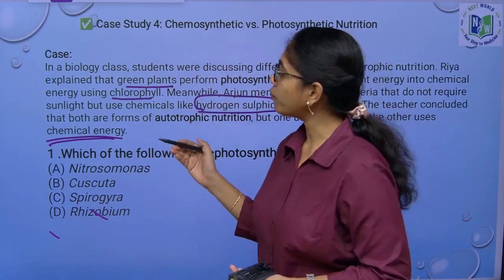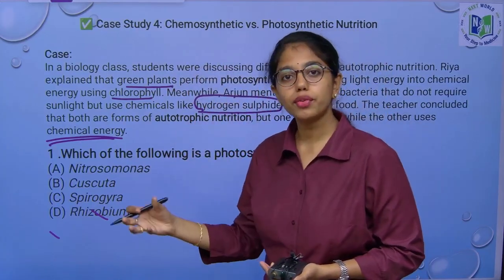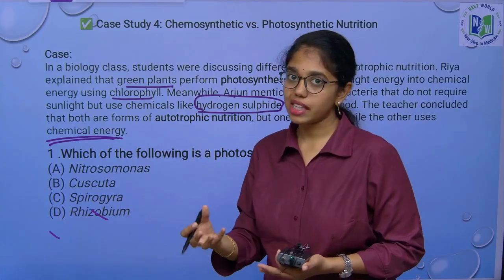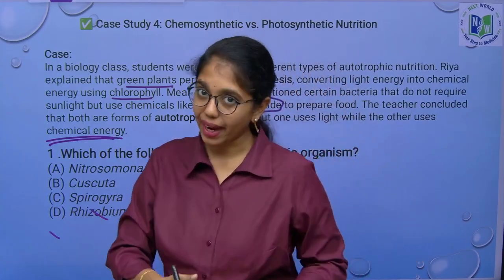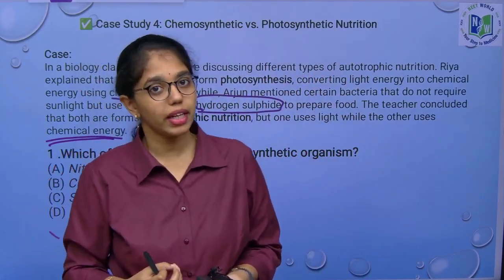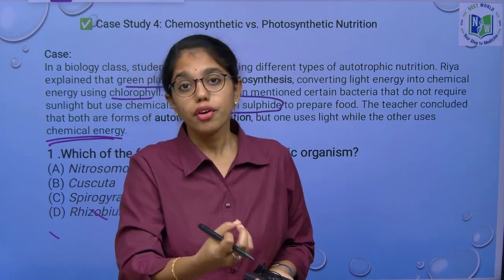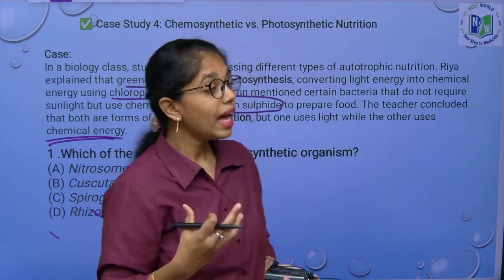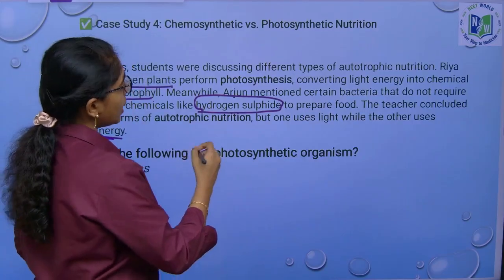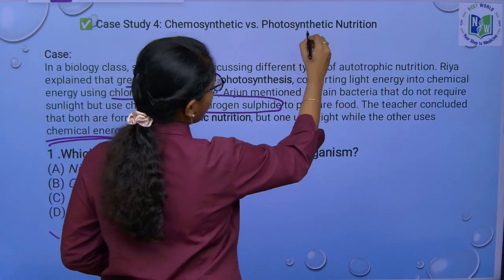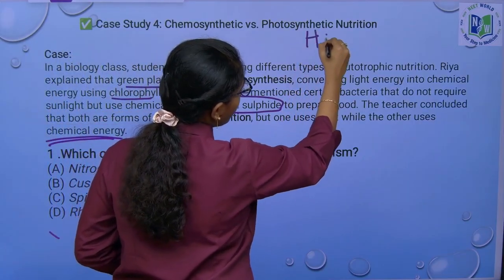So here you have to know phototrophic nutrition, where plants or bacteria which have chlorophyll utilize sunlight as energy for the preparation of food material. For photosynthetic nutrition, the electron donor will be water.